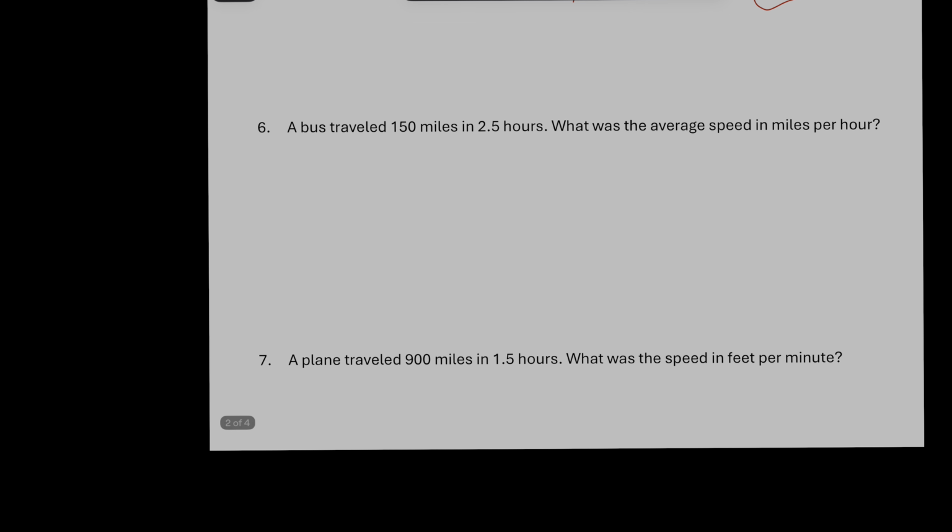Number 6, a bus traveled 150 miles in 2.5 hours. I'll write all those down. What was the average speed in miles per hour? Oh, okay. Well, this is just knowing what they're asking for. When they say what's the average, they want you to find the unit that you're already using, and they want miles per hour.